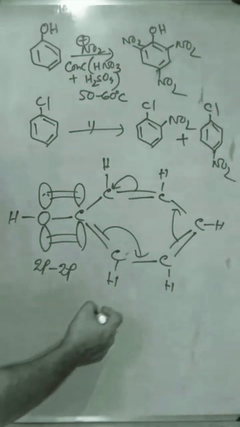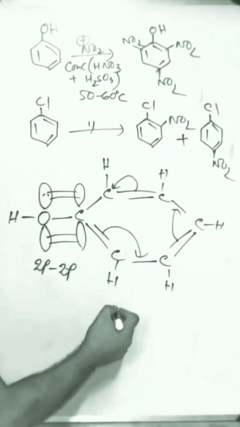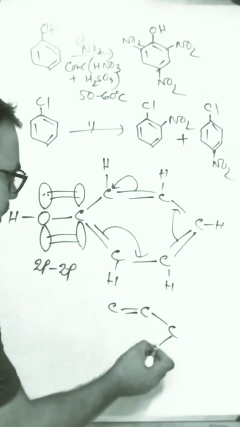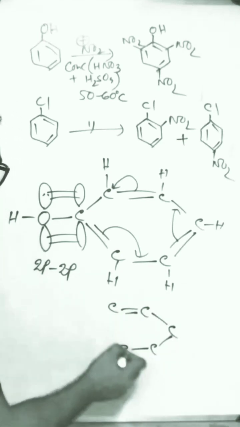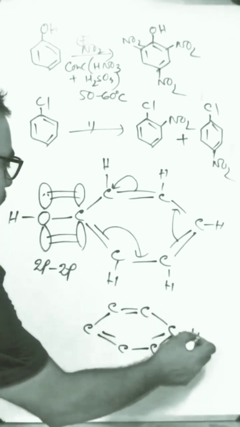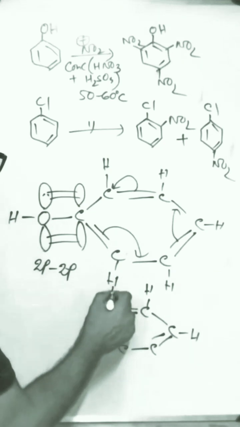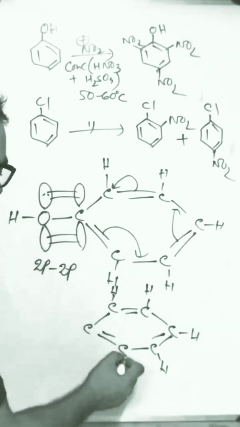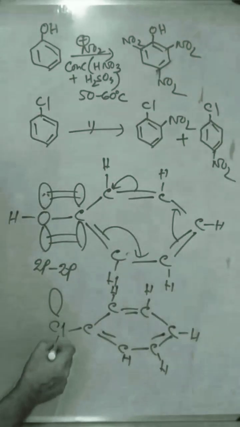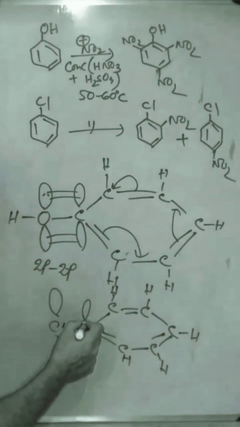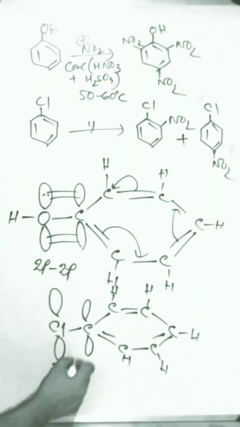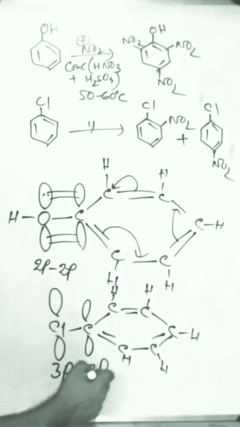But in case of chlorine, when chlorine is attached to benzene, let's see what happens. Here hydrogen, hydrogen, hydrogen, hydrogen, hydrogen, and here chlorine. Now this chlorine also has a lone pair, and this carbon also has an empty p orbital, but this lone pair is in a 3p orbital and here it is in a 2p orbital.